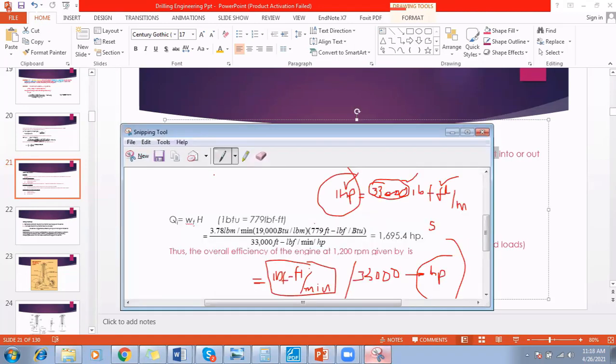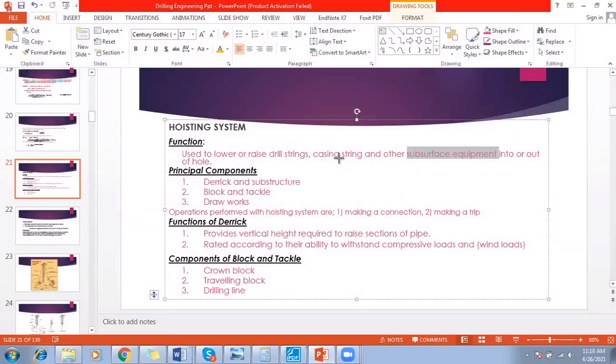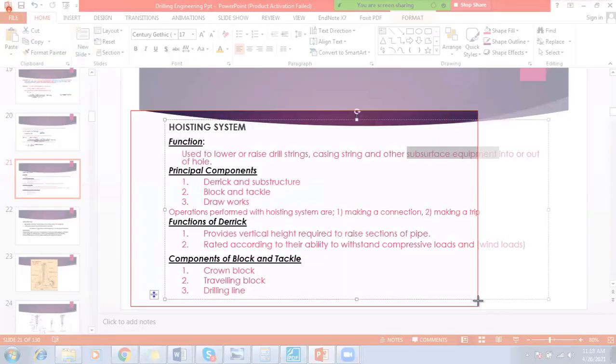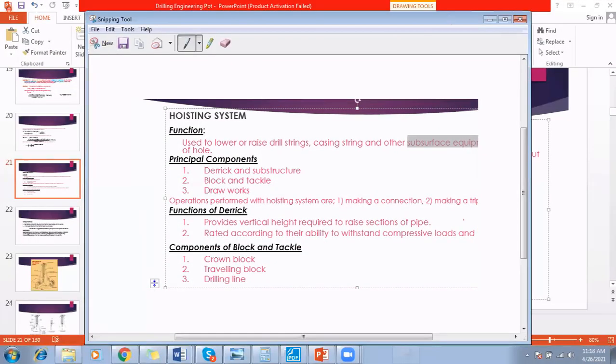So let me draw a rough diagram. What is actually the hoisting system? This is the derrick, and if this is the pipe placed here, and this is the borehole.